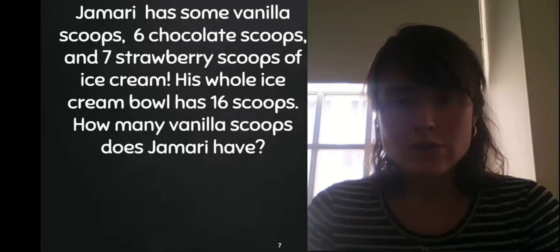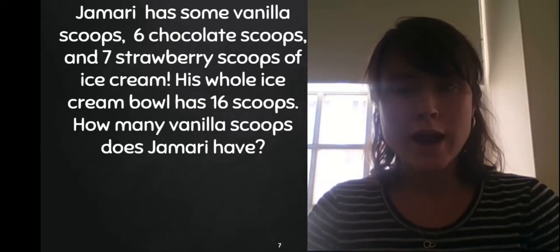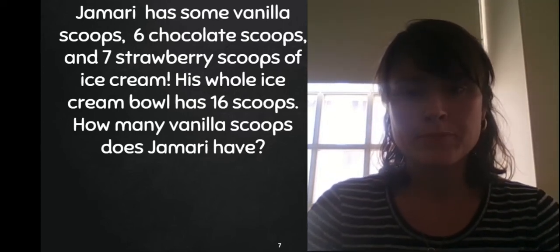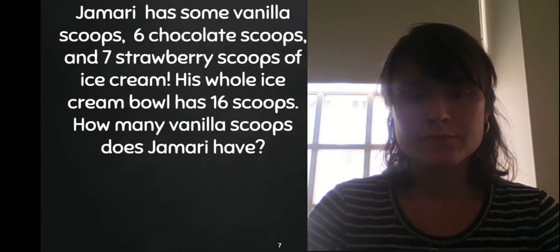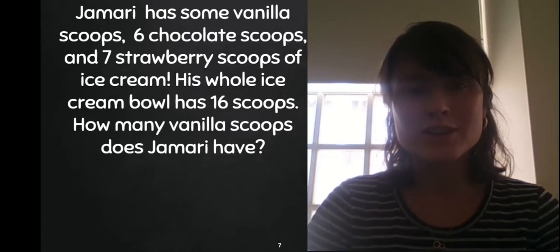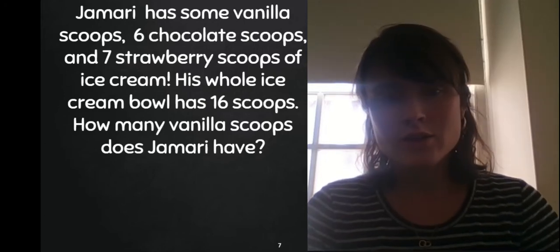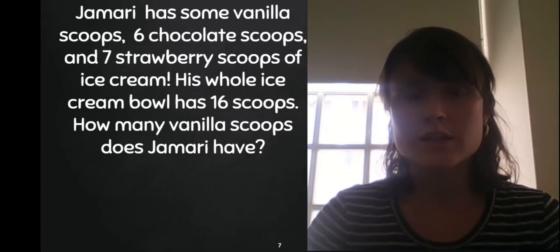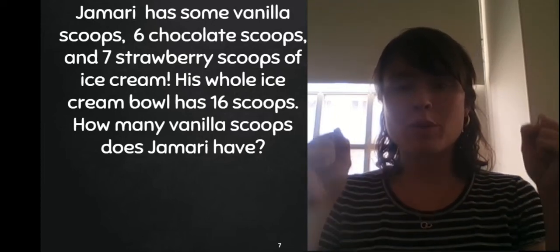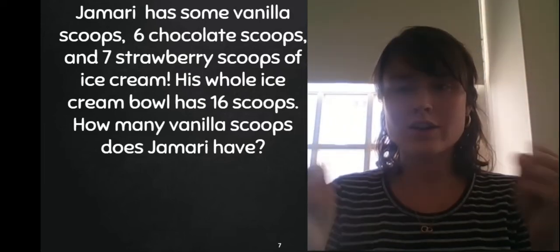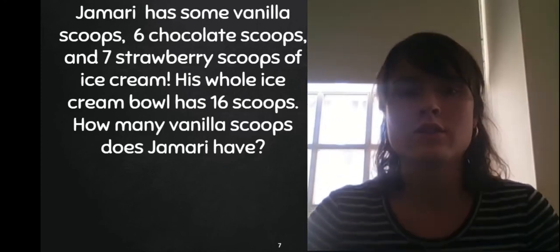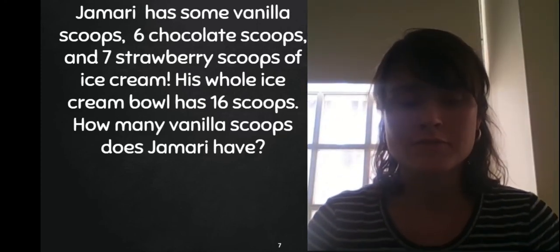In this story, do you think addition or subtraction matches it better? Good. I know it's not subtraction because he's not losing any scoops or throwing any away. So we'll write an addition number sentence. In addition, we put all our parts together to make the total. Go ahead and write your addition.